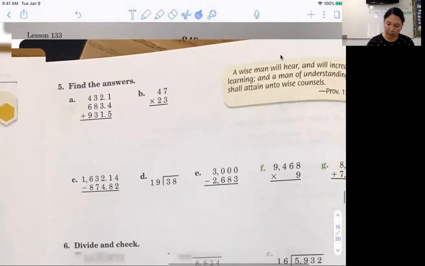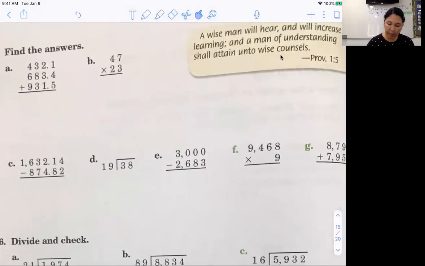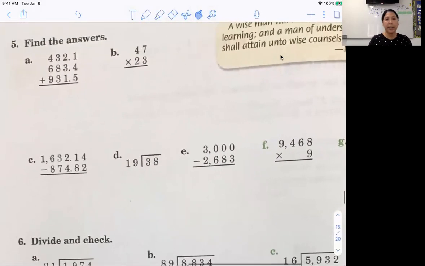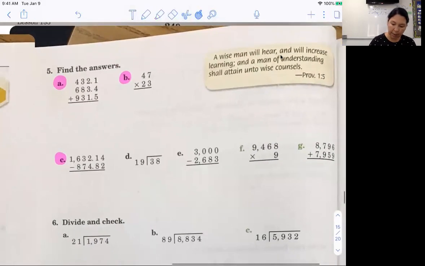Okay, friends, so this is all things we have done, so I don't need to do a sample for you. These are the ones you're going to pause the video and do now, so this might take you a little bit of time. You're going to do letter A, letter B, letter C, and letter F. Okay, and that's it.